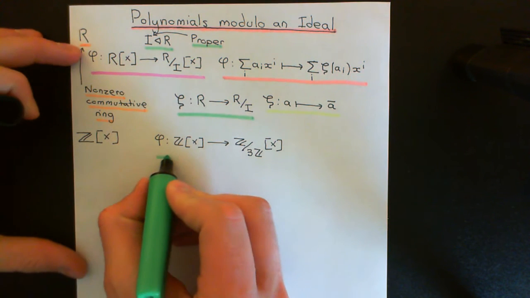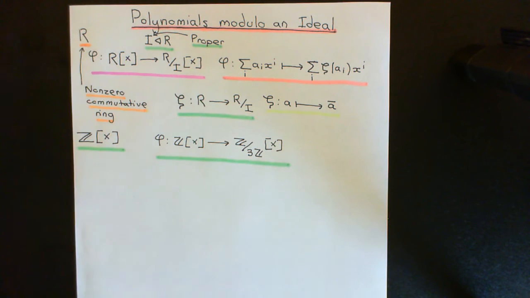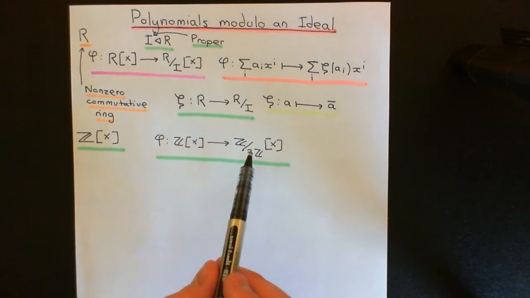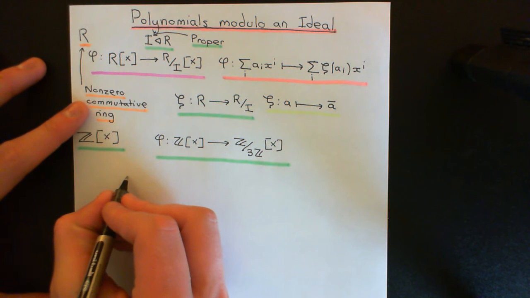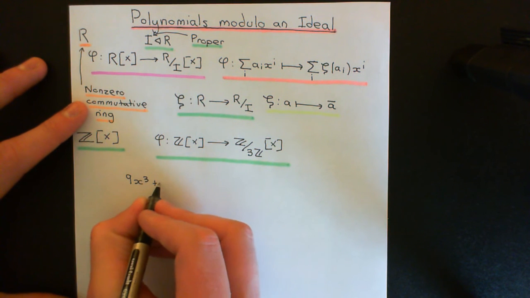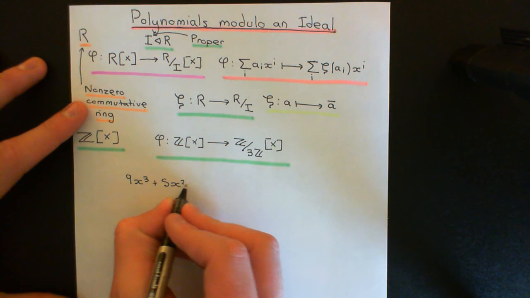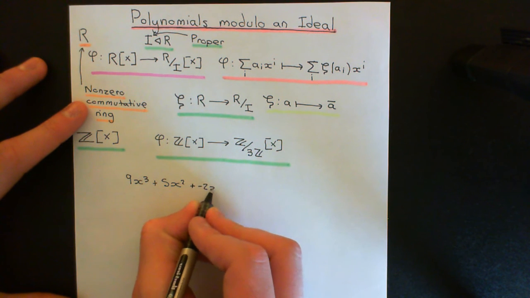Okay, so what I want to do then is do an example of actually taking a polynomial from the ring of polynomials with coefficients in the integers and taking it onto what phi would map it onto with this definition here. So let's just make up some polynomial. Let's have 9x cubed plus, what else should I go for, 5x squared, plus negative 2x.